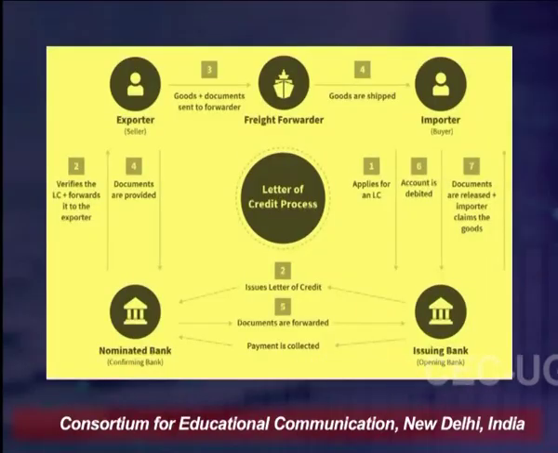Now immediately, when that document is received by the issuing bank, what will it do? The issuing bank will issue the payment to whom? The nominated bank. So that is how the framework of this payment system works, wherein documentary credit is issued by the issuing bank to the nominated bank, and the nominated bank, when providing that one document which gives proof that the goods were dispatched to the importer via freight forwarder, immediately receives the payment.